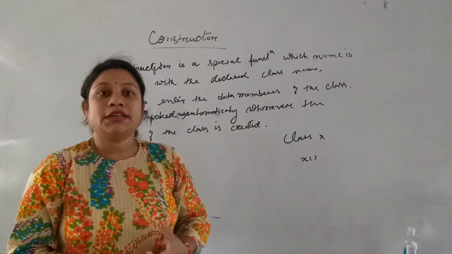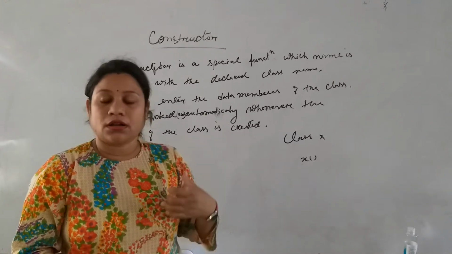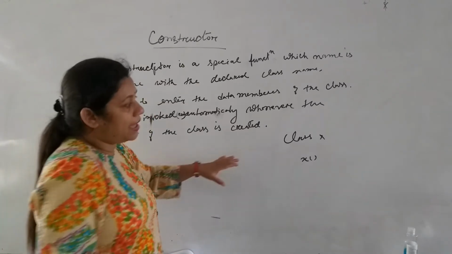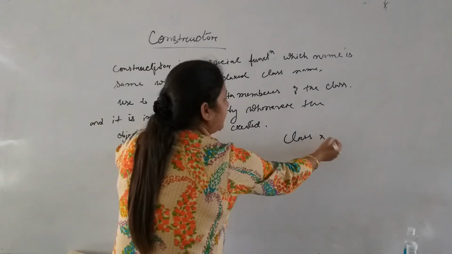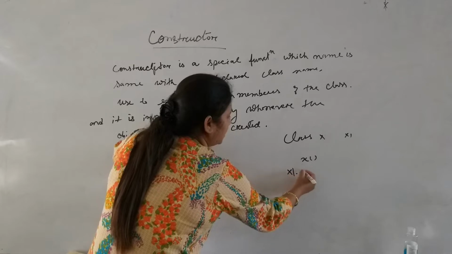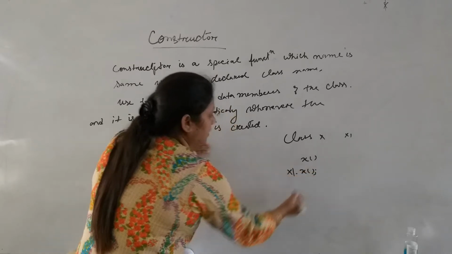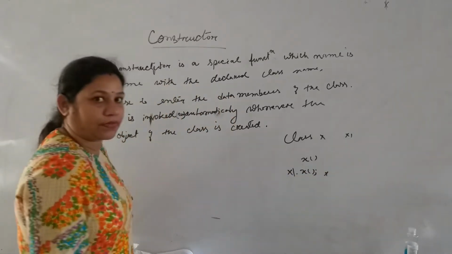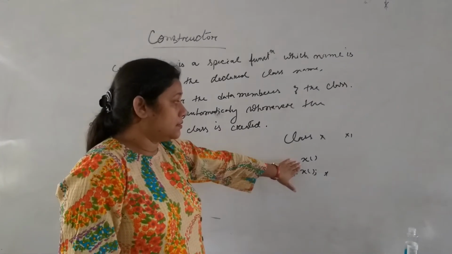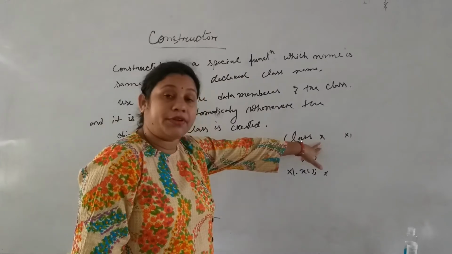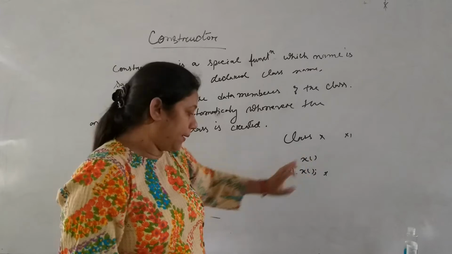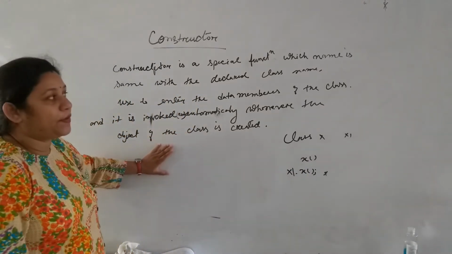That means no need to call the constructor function with the object name. If I have an object named x1, then it is not necessary to write x1.X. Okay, that means when you create the object of the class, it will get executed.